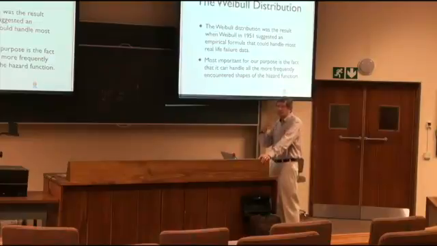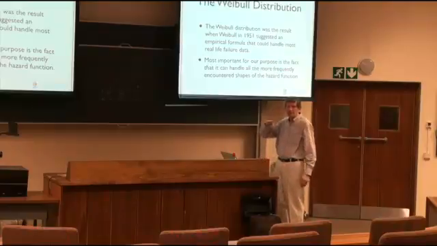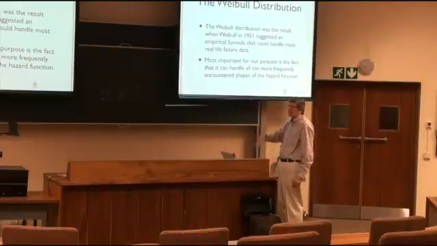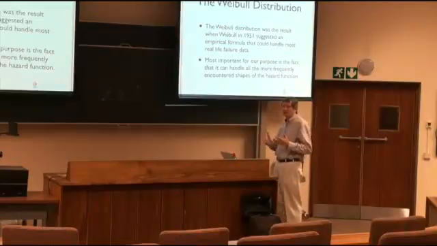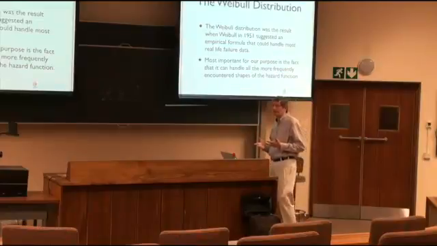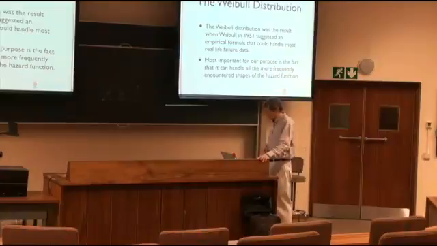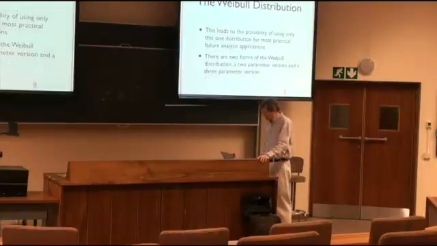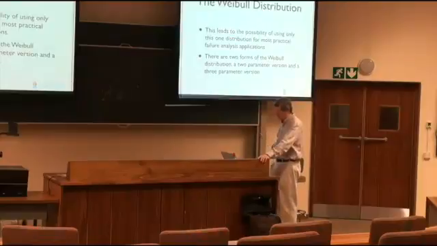And that is what is important to us, because we've now looked at this decreasing function, constant function, increasing function. One wants something that can do all of that. This leads to the possibility of using only this one distribution for most practical failure analysis applications.